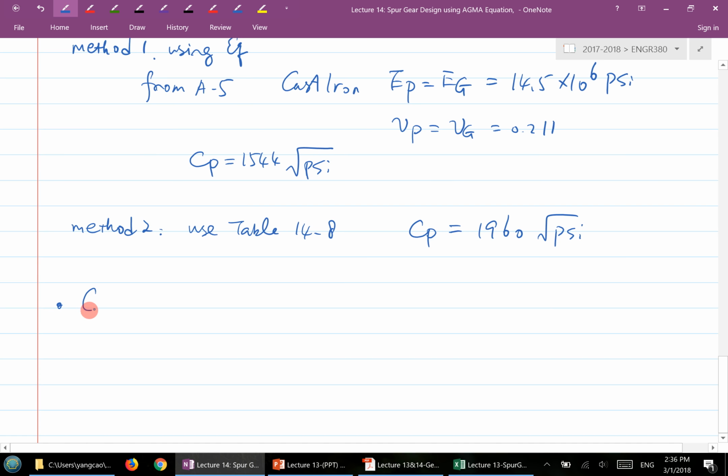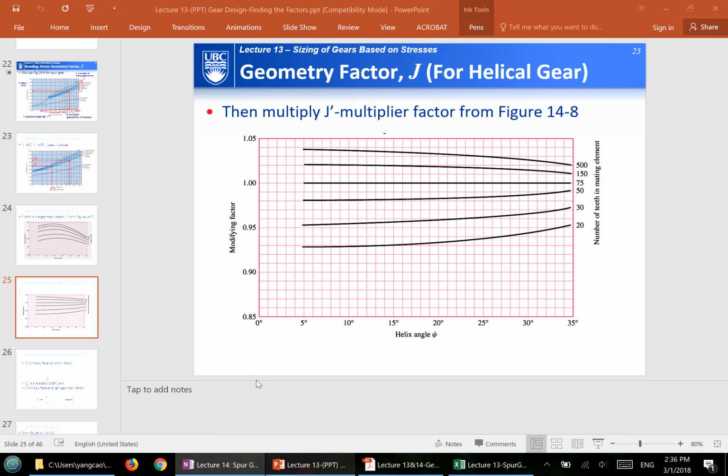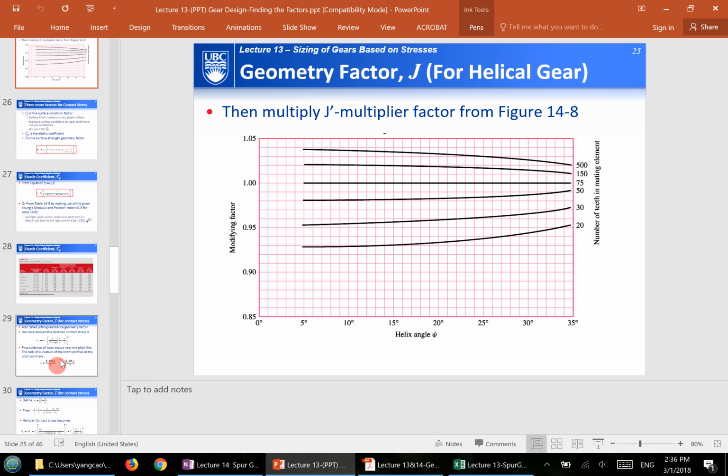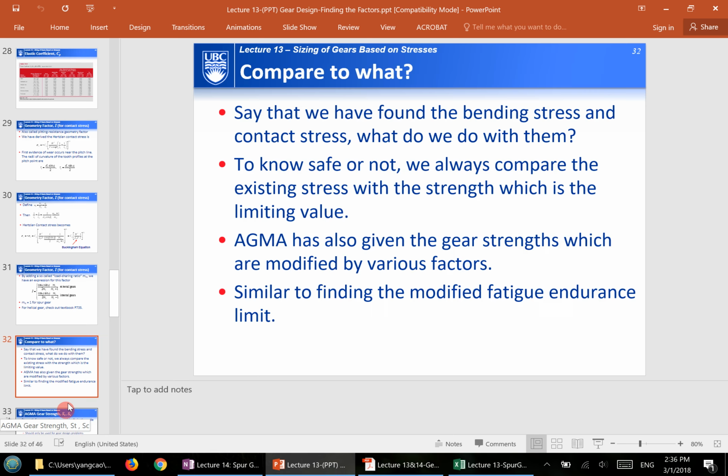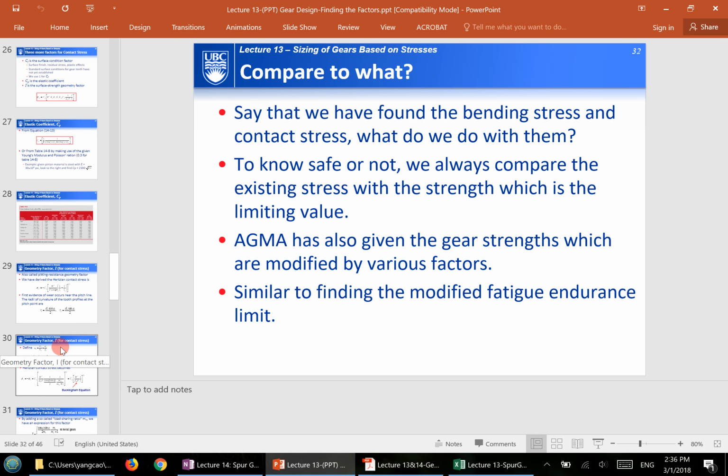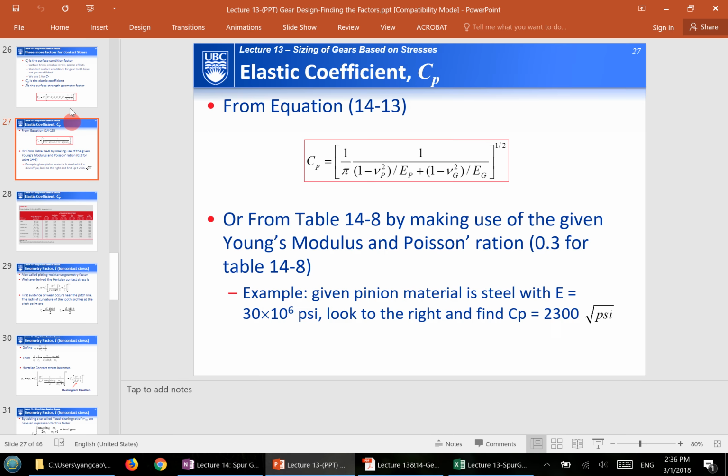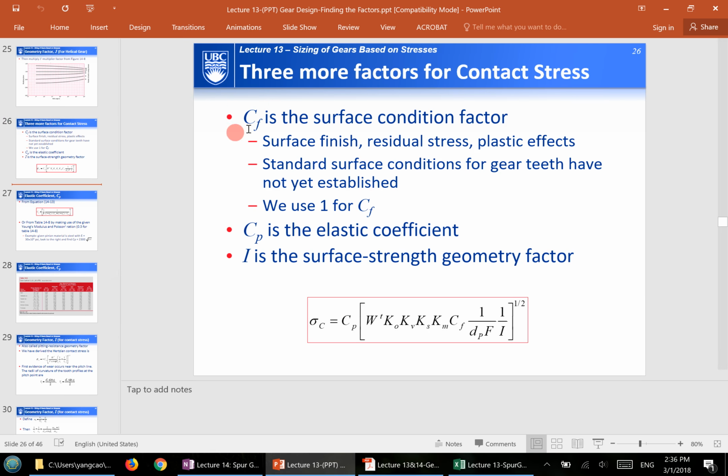Now we have just one more factor for the contact stress, the CF factor, which is called the surface condition factor. It's not a very complicated factor. Essentially, it takes the surface finishing conditions, residual stress, and plastic effects into consideration.